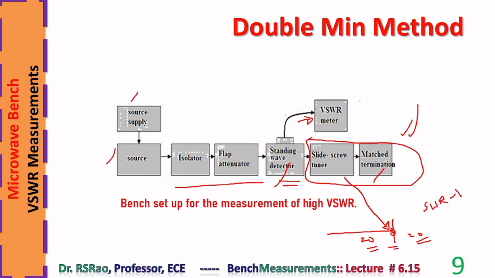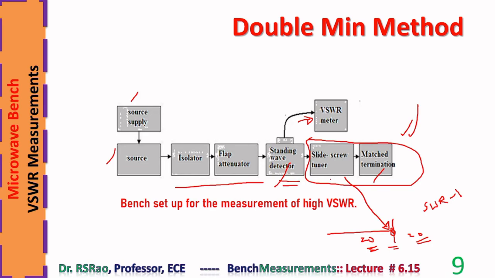When the slide screw tuner is inserted, it provides a certain amount of impedance or admittance between the line and the matched termination. Now the termination and slide screw tuner combination effectively gives rise to an impedance which is different from Z0. The net result is a standing wave pattern with a standing wave ratio over the line.